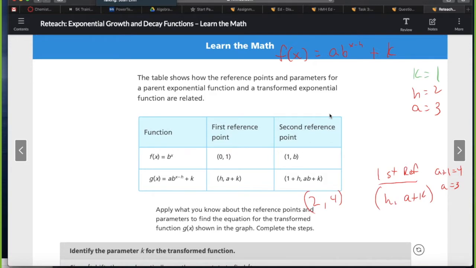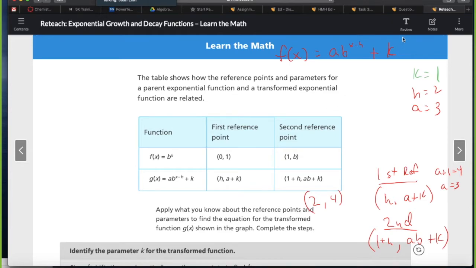So notice how the other chart had a over b plus k, whereas this one has a times b plus k. So this is what we're going to use. Our second reference point is 1 plus h, and ab plus k.